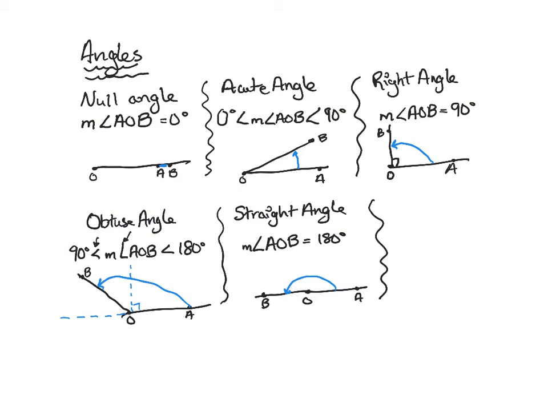The next one is called a reflex angle. And a reflex angle goes beyond the 180. So 180 is less than the measure of angle AOB, and AOB is less than 360 degrees. So what does that mean?